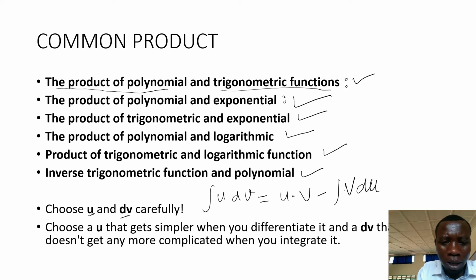Choose a u that gets simpler when you differentiate it, and a dv that does not get any more complicated when you integrate it. When you choose u, you differentiate it because you need du. And when you choose dv, you integrate it because you need v, and you apply the formula. You will understand this when we do some examples.